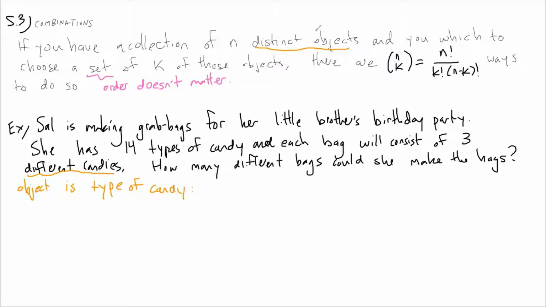So if we use this phrasing, what we've got is that she's trying to choose a set, or a subset, of 3 from the bigger set of 14. So she has a collection of 14 types. She's trying to make a set of exactly 3.